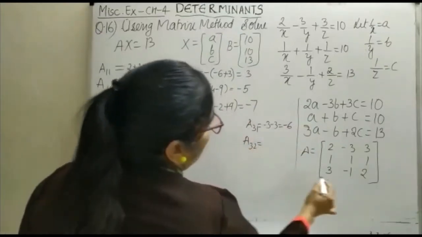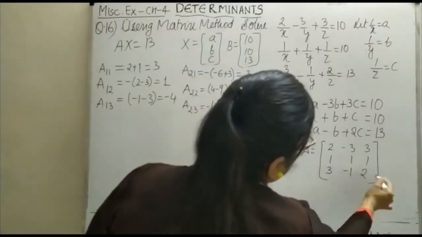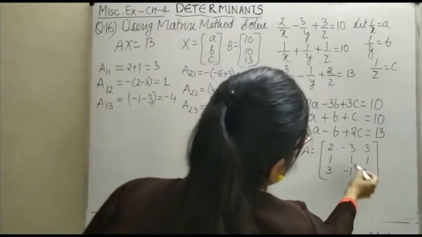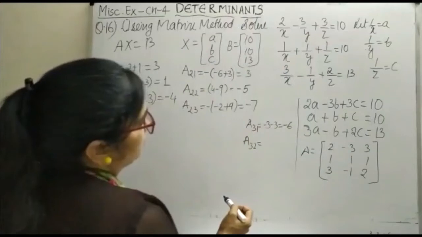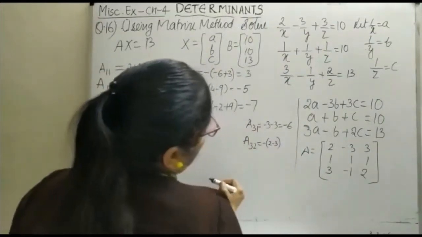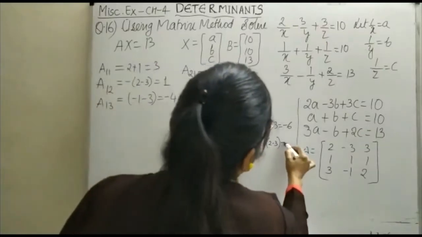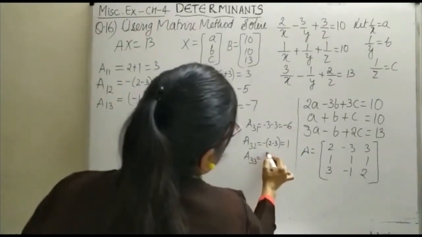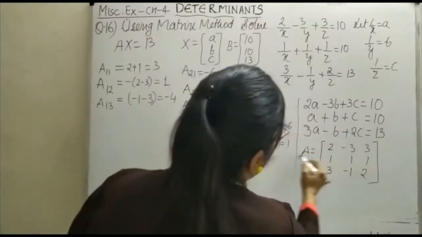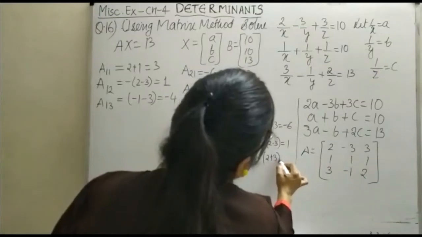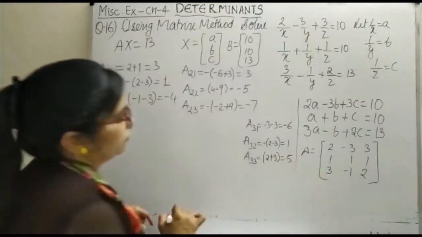For A32 you exempt the third row and this column, so this will be minus of 2 minus 3, which is 1. And A33 will be 2 plus 3, which is 5.